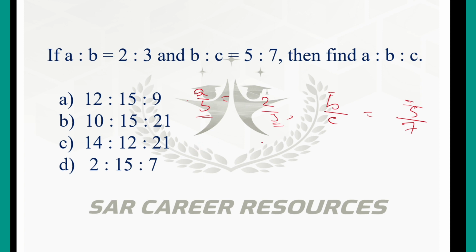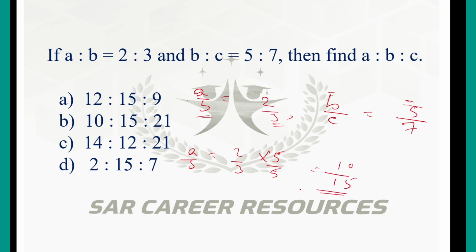But here the quantity is the same, B is common, but the number assigned is different, 3 and 5. If the number is the same for B, we can write A is to B is to C, but we have to make the denominator of the first ratio and the numerator of the second ratio equal.